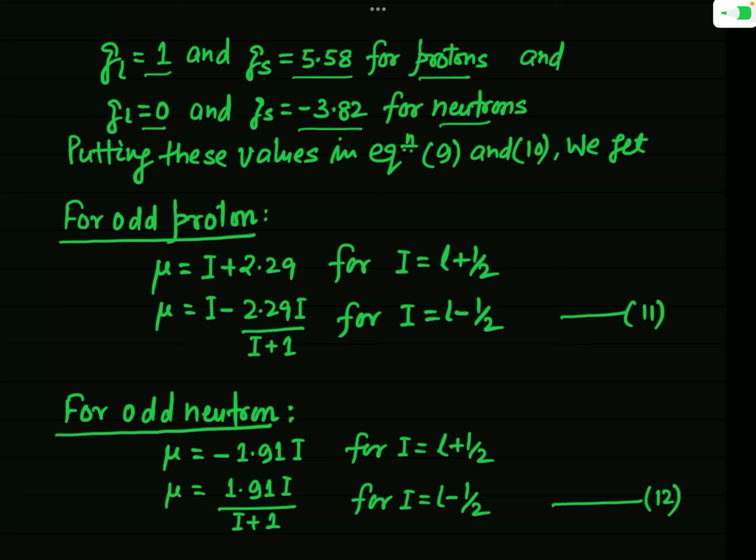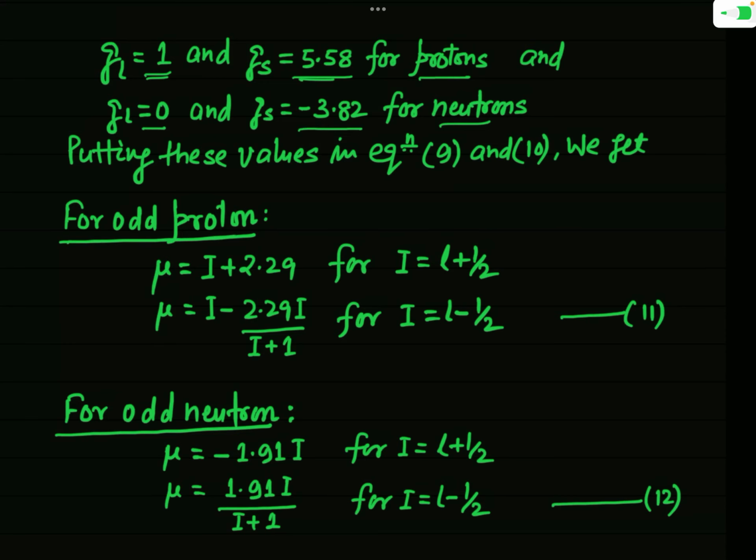Okay. Now, if we substitute these values of GL and GS in those two equations 9 and 10 separately for proton and neutron, then we will have four expressions. Two equations for odd proton and two equations for odd neutron, because there are two cases, a stretch case and a jackknife case.